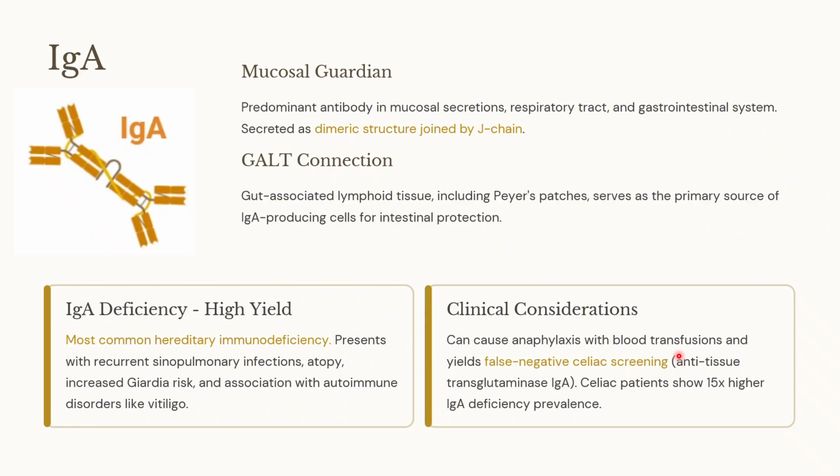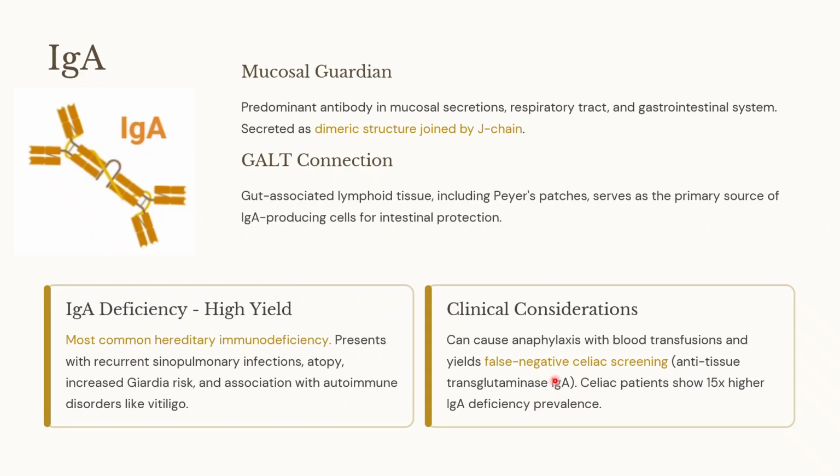Secondly, it can result in false negative celiac screening. Why? To screen for celiac disease, we screen anti-tissue transglutaminase IgA. This anti-tissue transglutaminase is an IgA antibody.